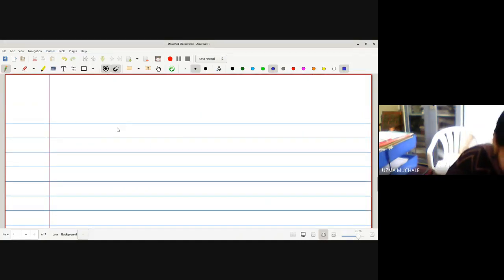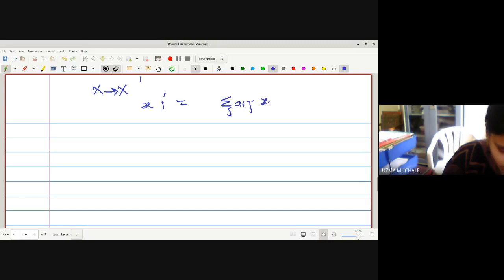Okay. So consider the orthogonal transformation from x to x dash. We can write it as xi dash equals summation over j aij xj.